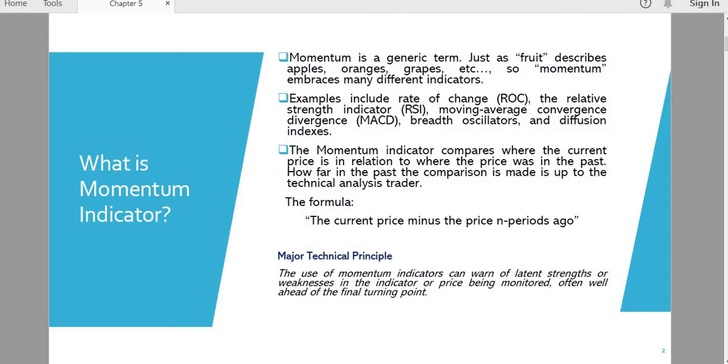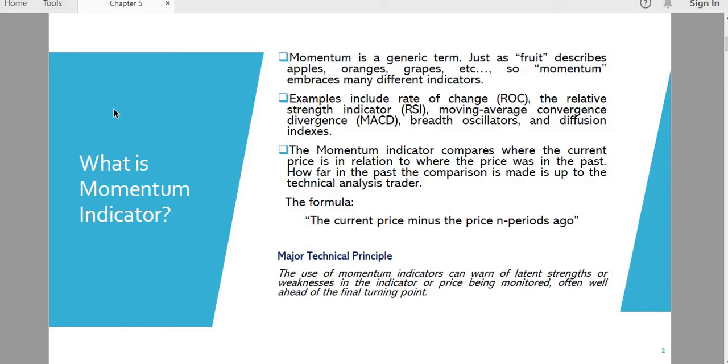Okay. What are momentum indicators? Momentum is a generic term, just as fruits describe apples, oranges, grapes, etc. Momentum embraces many different indicators. Examples are rate of change, the relative strength index, which is RSI, moving average convergence divergence, MACD, and many others.